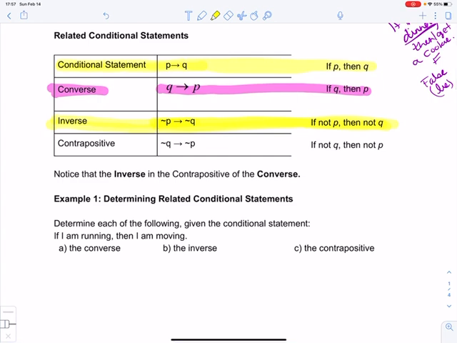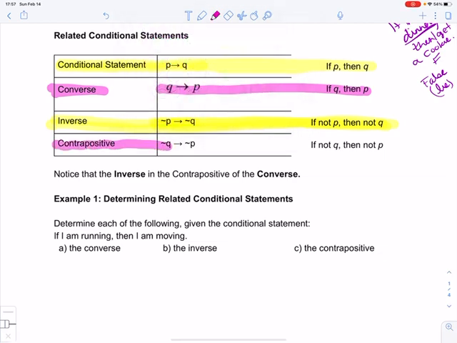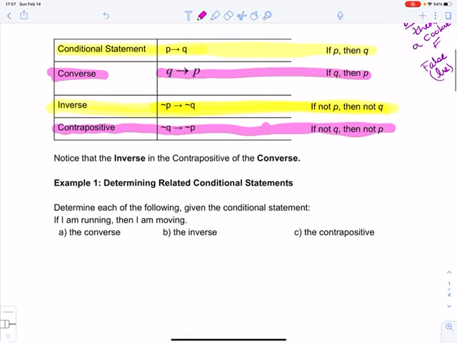The contrapositive says that you're going to flip them first and then negate them. So it becomes if not Q, then not P. So that's what the contrapositive says. One thing you want to notice, and I have a typo here, I am making typos right and left here, everyone.